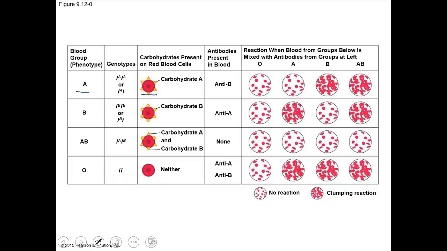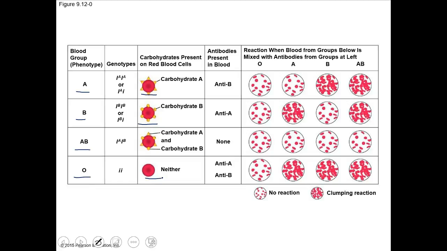For B, it'll represent Bs, with these little antigens that look different, but we've represented them as little spheres here. If we have AB, notice it's patchy. There are triangles and there are spheres. It shows both of them. If you have O, then you have neither.